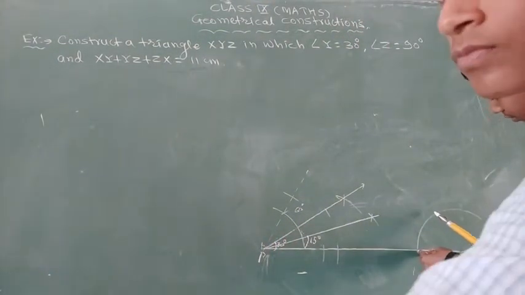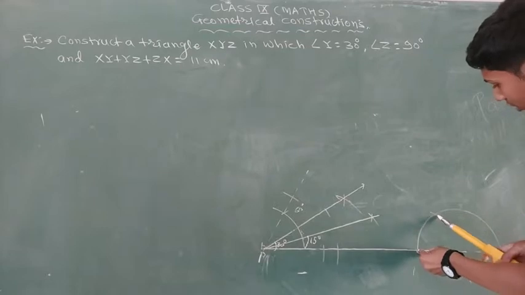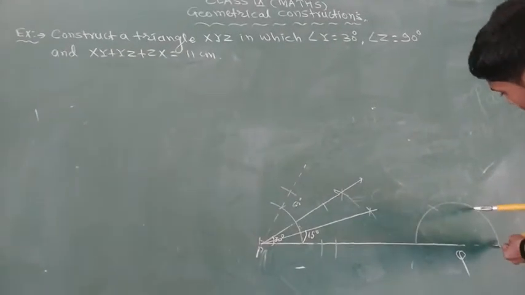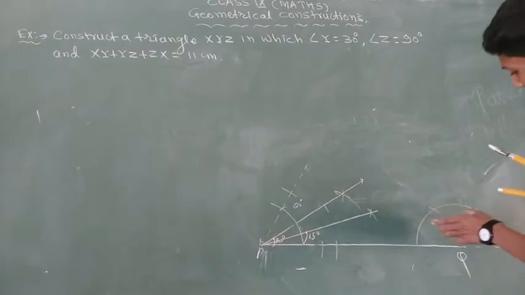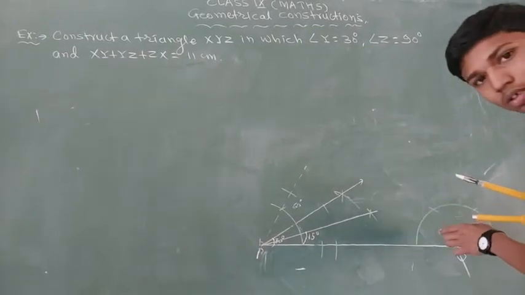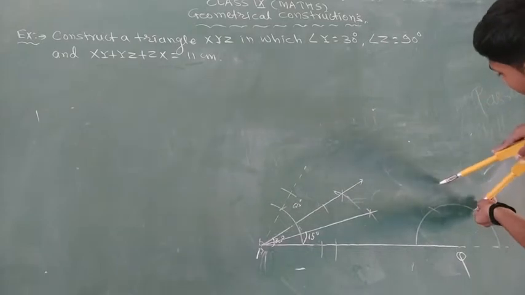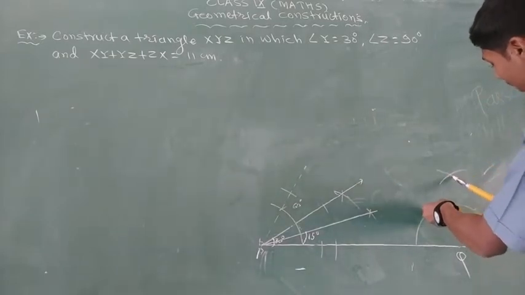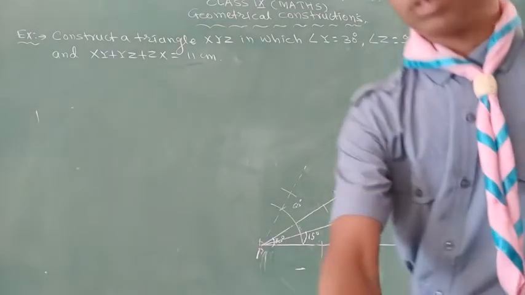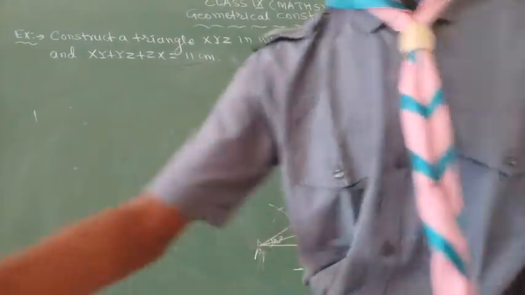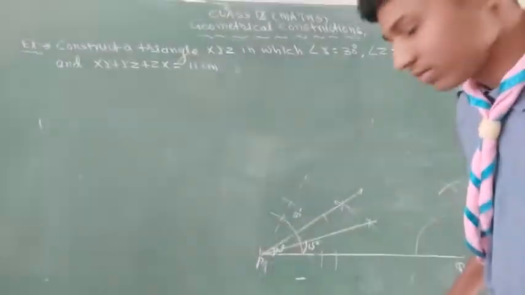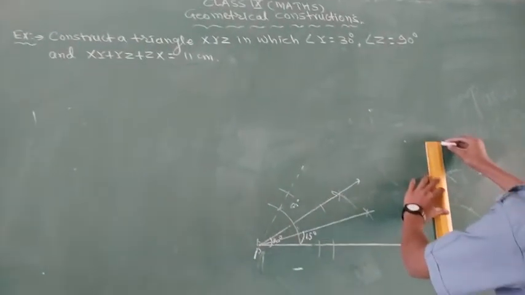From this point we draw one arc intersecting that line, and from this point we draw another arc. Taking the reference of these two points, we draw this arc here and this one here and intersect them. It is our 90 degree angle.